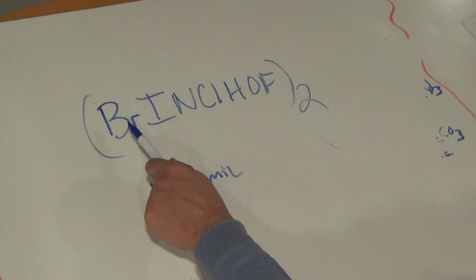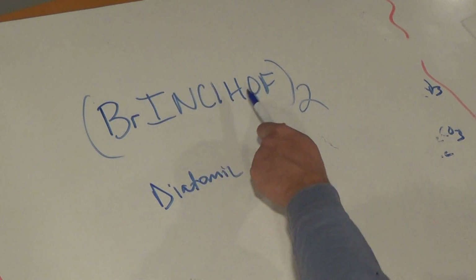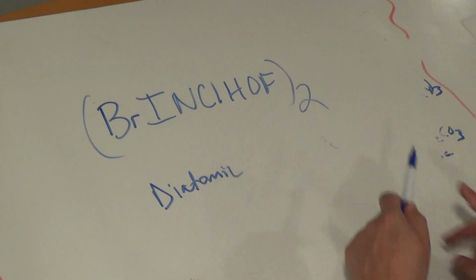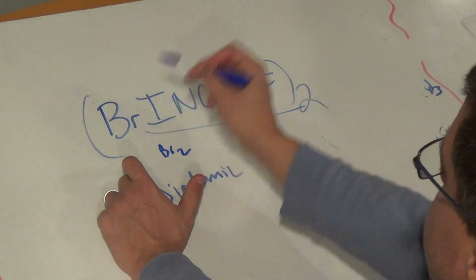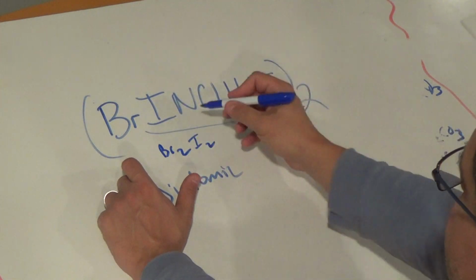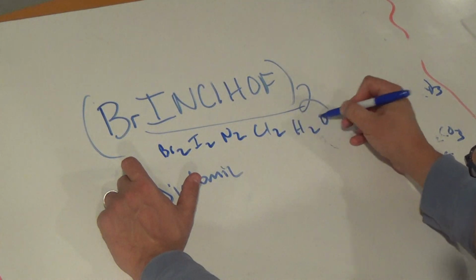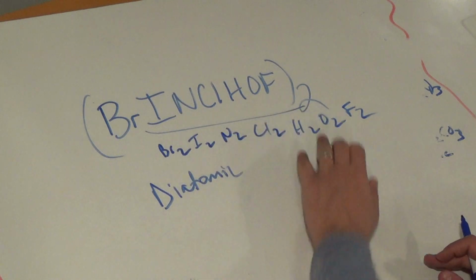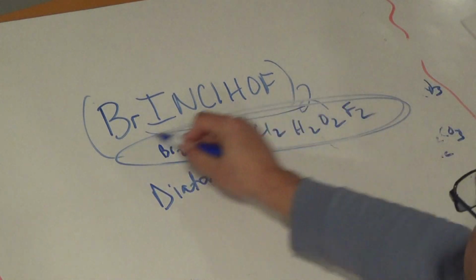Bromine's reactive. Iodine's reactive. Nitrogen's reactive. Chlorine's reactive. Hydrogen's reactive. Oxygen's reactive. Fluorine is reactive. That's why they're found as Br2. See how they distribute? I2, N2, Cl2, H2, O2, F2. So we call them diatomic. We call them the Brinkelhoff elements. So if you see any of these, they are very reactive.